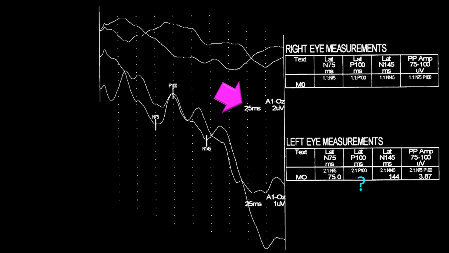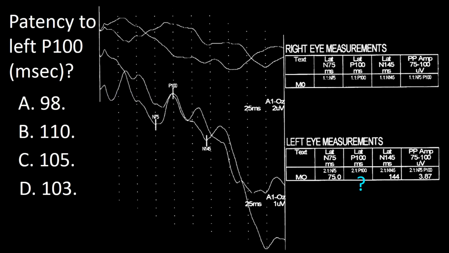The legend indicates 25 milliseconds per division. 4 divisions are present from the stimulus to P100. So the answer to this question is A.